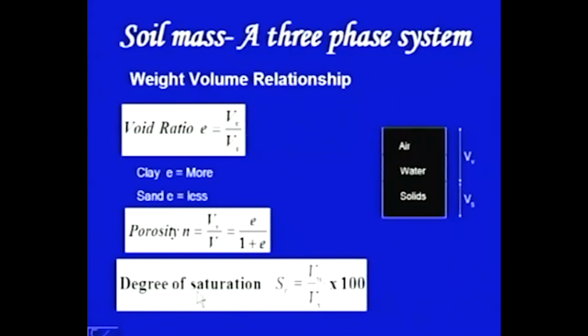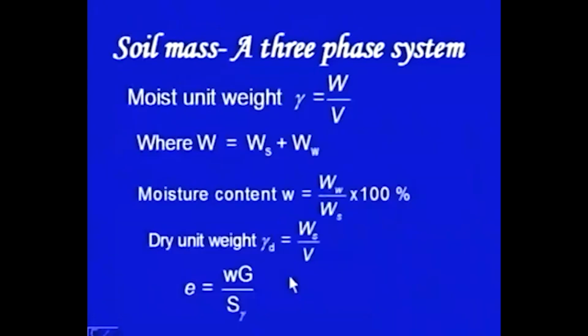Another term is degree of saturation, which gives the idea as to what proportion of the total voids is filled up with water. So, Sr is defined as the volume of water which is present divided by the total volume of voids, and it is represented as a percentage. The other expressions, first is unit weight.